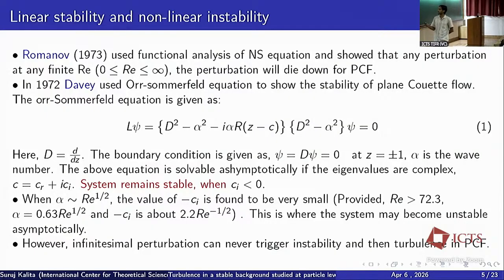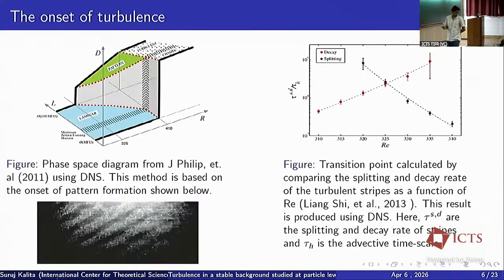So it gives a hint that asymptotically one can reach instability, as seen from the Orr-Sommerfeld treatment of Davey in 1972. But ultimately, even with infinitesimal perturbation, plane Couette flow is never going to become unstable, and there is no transition to turbulence.